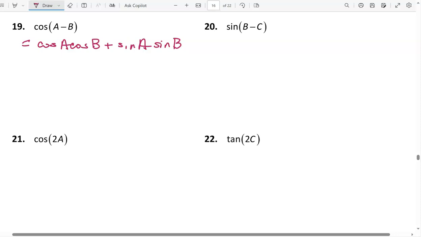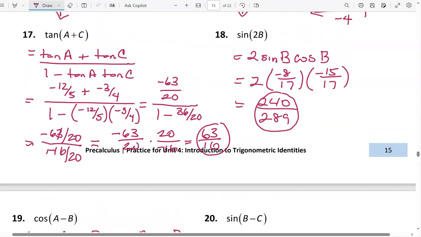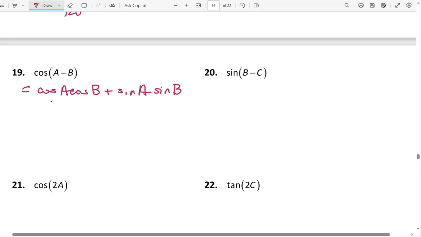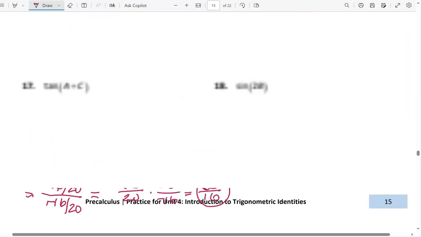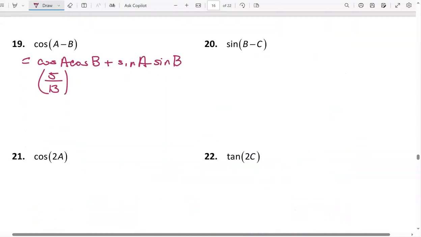In number 19, we're finding the cosine of A minus B, so I've used the identity for cosine of A minus B, and now I'm just going to replace those values with the values from each of the pictures. So cosine of A is 5/13. Cosine of B is negative 15/17.